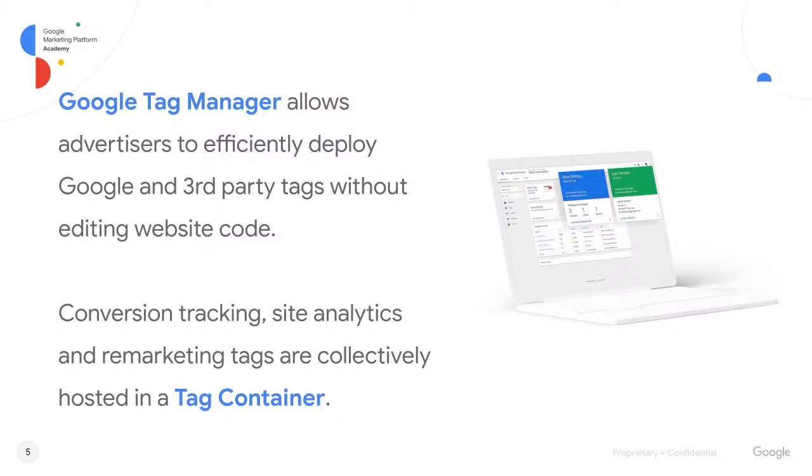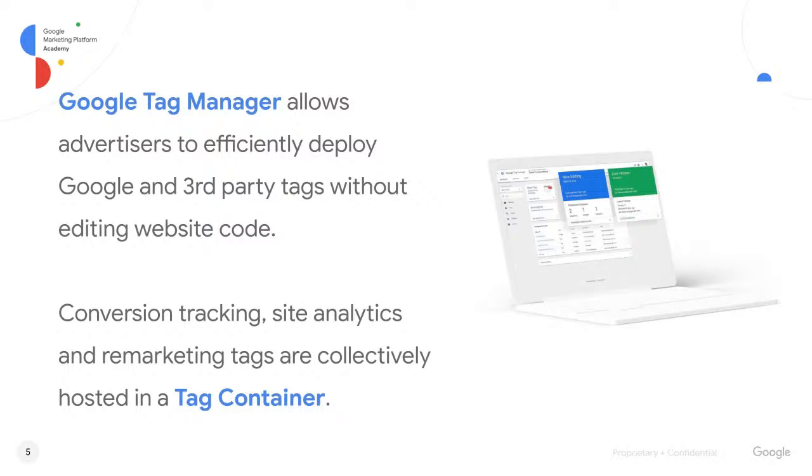It really changed the way that we bought media and the way that we personalized creatives to our users, and we were able to do things that we were not able to do before with traditional media. But to implement these pixels and tracking, which are really different types of scripts, we had to add code to our website.